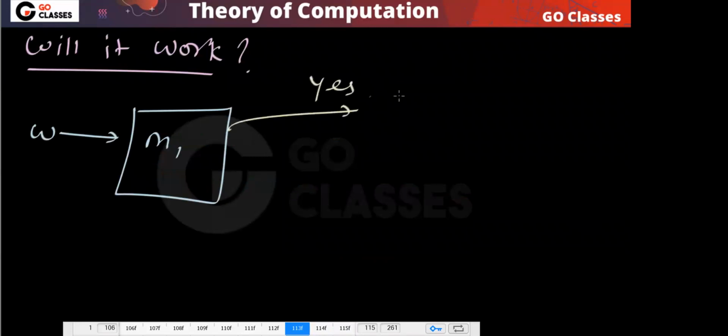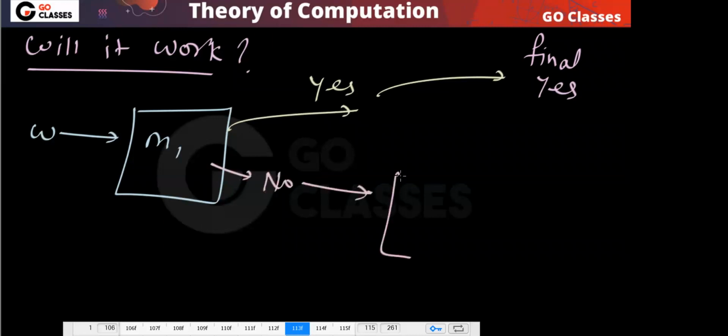If it says yes, then you also say yes, the final answer is yes. And if it says no, then you run W on M2. Will this method work?